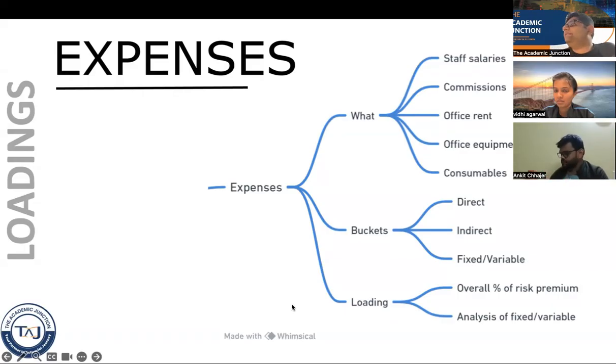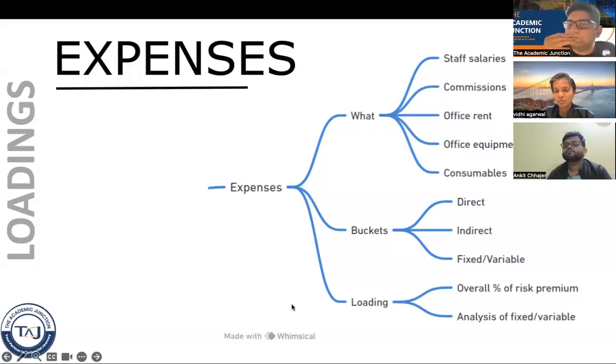A direct expense would be the expense made directly towards the sale of the policy or the procurement of business. For example, an employee traveling to the customer. Indirect would be anything like office equipment or office rent, which indirectly goes towards the business.